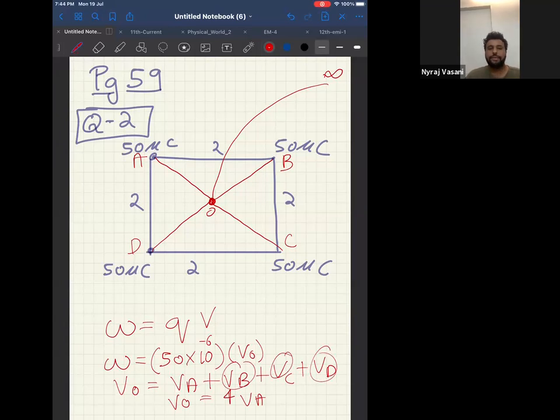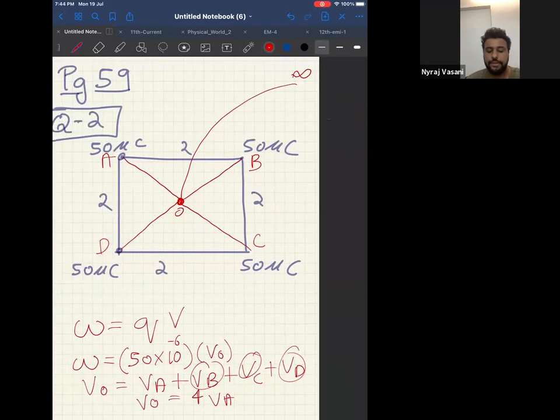Now, my question is, can you find out what is the potential at point A? Means the potential at the center due to point A. What is the general formula for potential? 1 by 4 pi epsilon naught Q by R, correct?